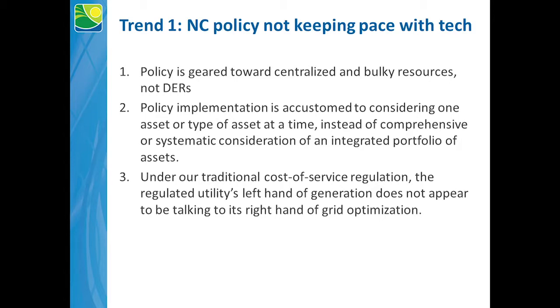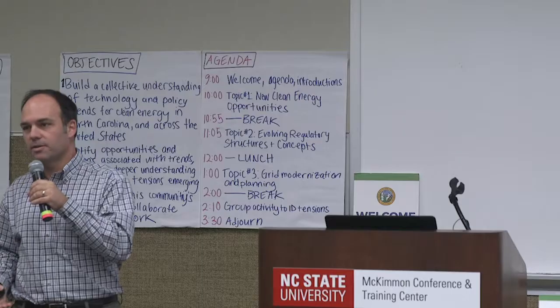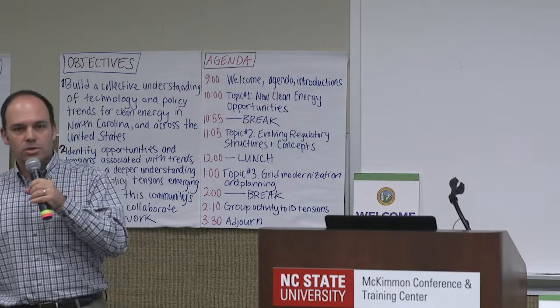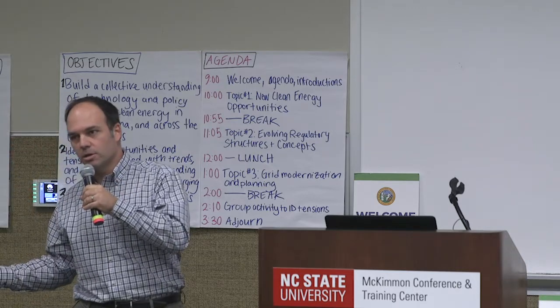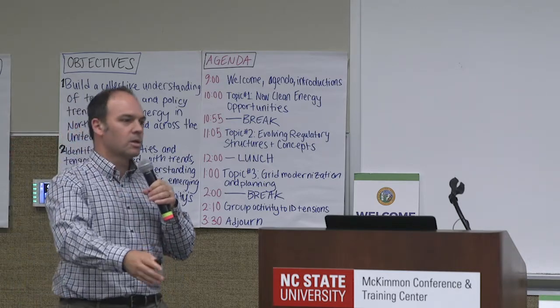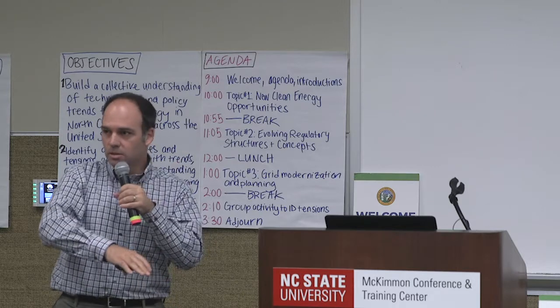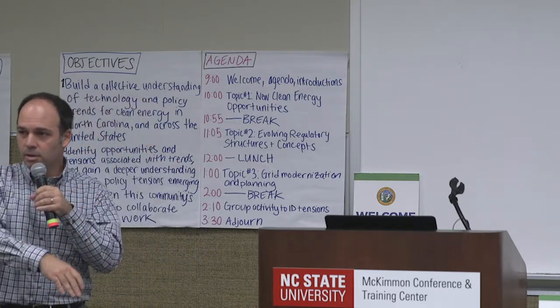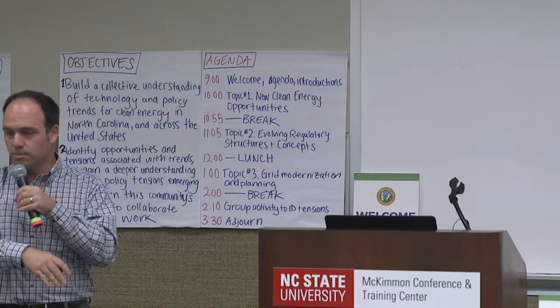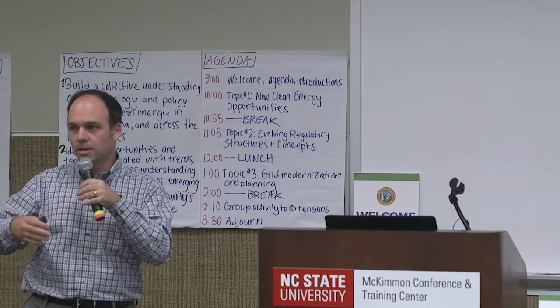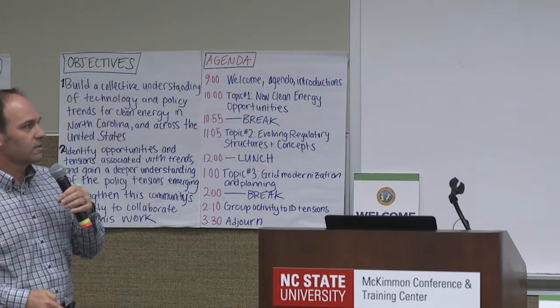We're not pointing a finger at the utility, but simply pointing out the fact that we have an integrated resource plan that doesn't really talk about grid modernization, and we have legislation and rate cases that are talking a lot about grid modernization, optimization, but the two aren't meeting in the middle in the plans.